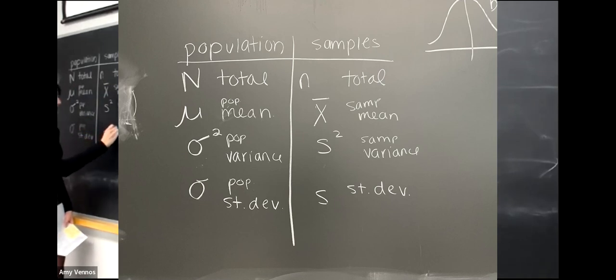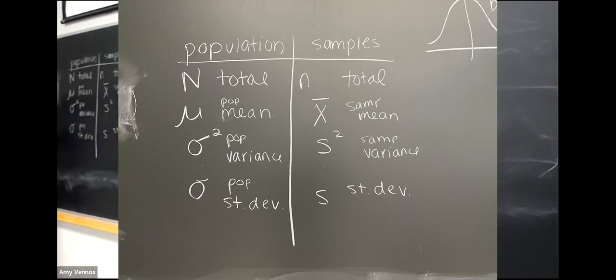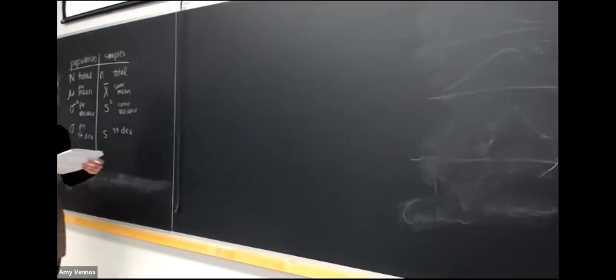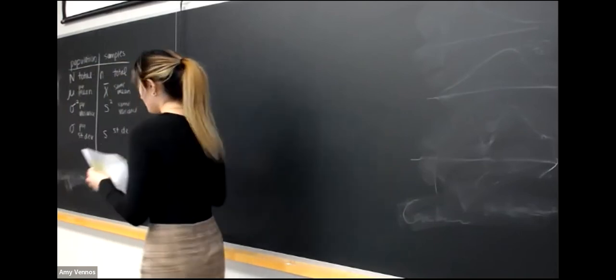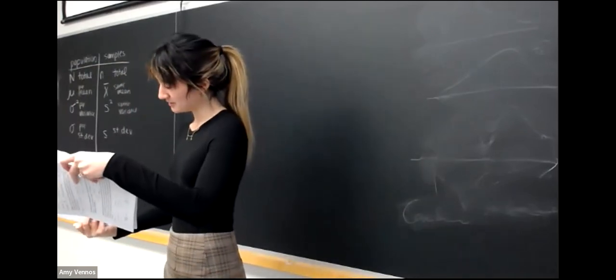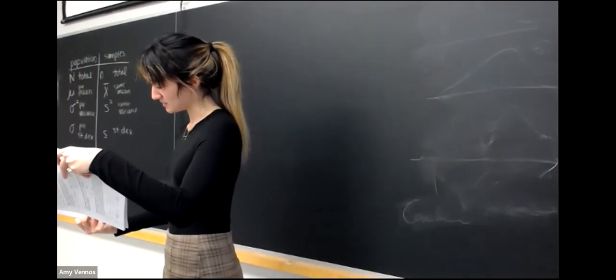And standard deviation for the sample is denoted by S. So a couple of different symbols we're throwing around here. But if we kind of put it in a chart, it's pretty easy to remember which symbol goes to which one.